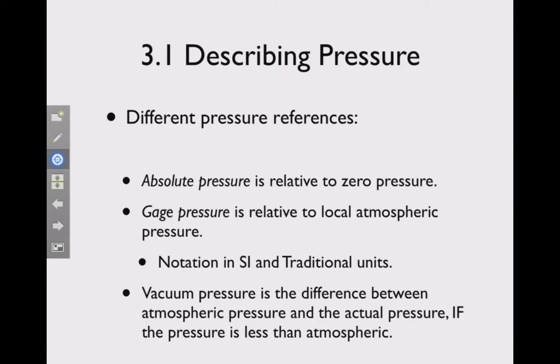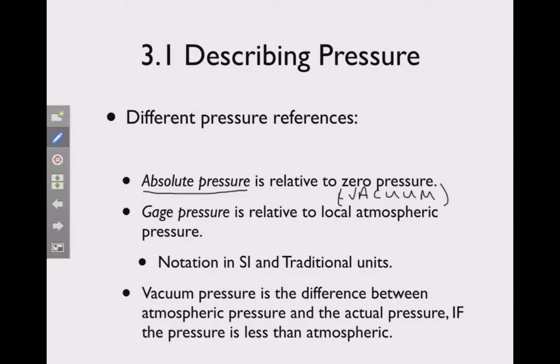So there are different ways to reference pressure. The first is what is called absolute pressure, and this is relative to zero pressure. The only situation where we can get zero pressure is when we have a vacuum. A vacuum is a situation where there are no molecules, and so that is a place where pressure is defined as zero.